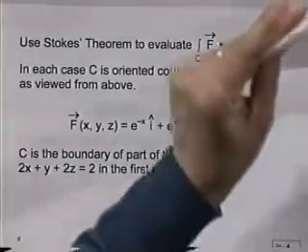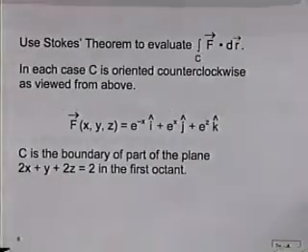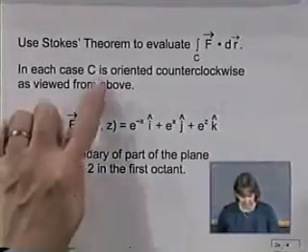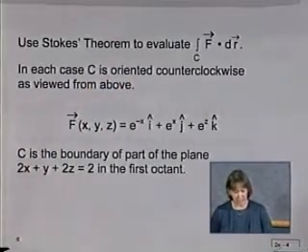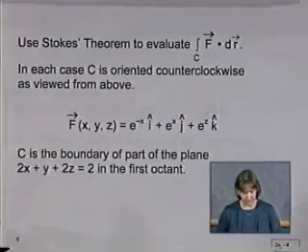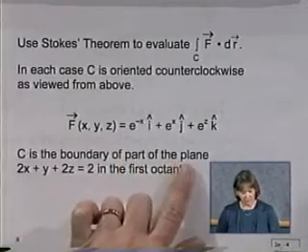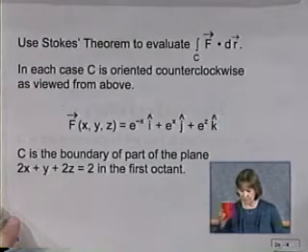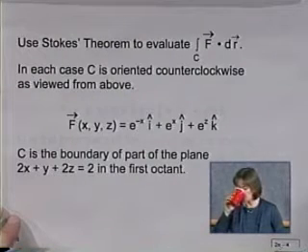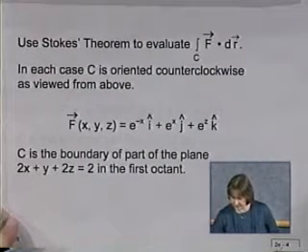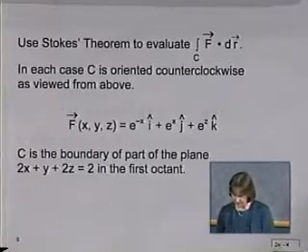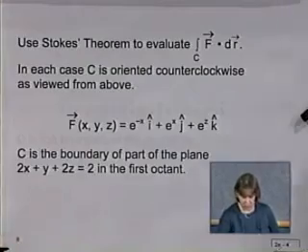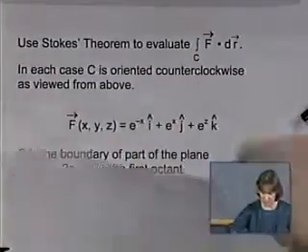Use Stokes' theorem to evaluate the integral of F dot dr. In each case, and we're going to do a few of these, C is oriented counterclockwise as viewed from above. And C is the boundary of part of the plane 2x plus y plus 2z equals 2 in the first octant. Okay, so first of all, they said use Stokes' theorem, so we're not going to be doing F dot dr directly.